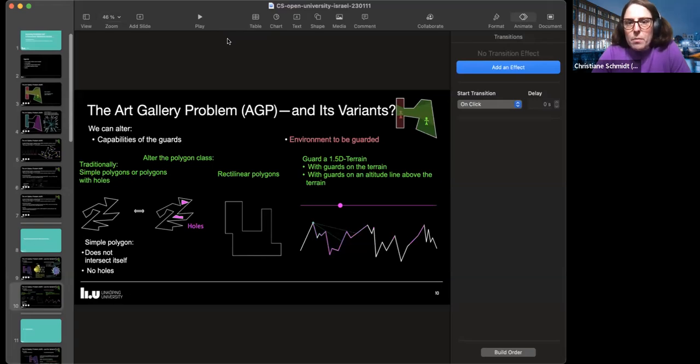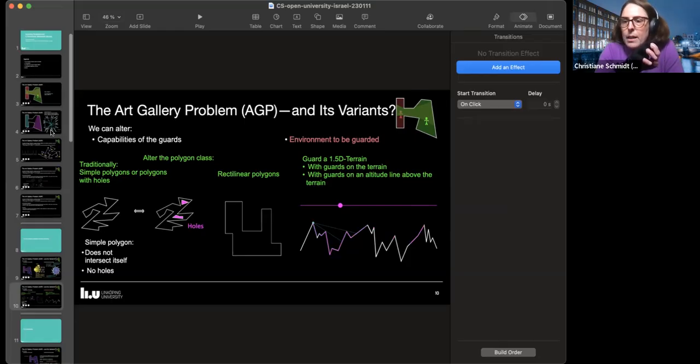There are some variants that go in that direction. One is where you need to make sure that, for example, each point is seen by at least two guards. On the other hand, I did mention briefly that we've also worked on exact algorithms. Essentially what we have is a primal-dual approach, and you can separate efficiently because it's just an overlay of visibility polygons.